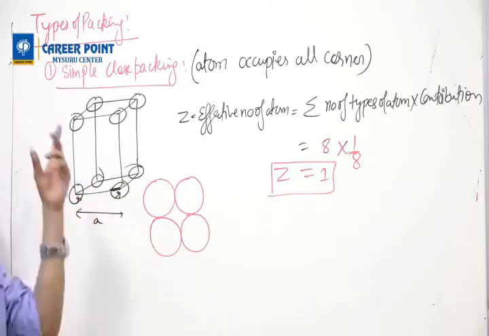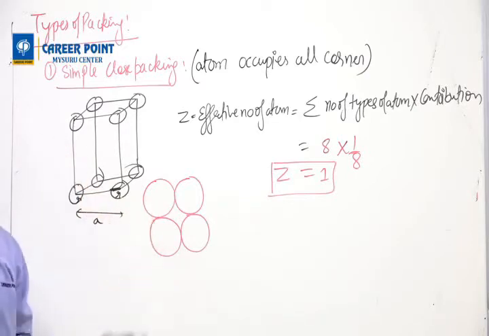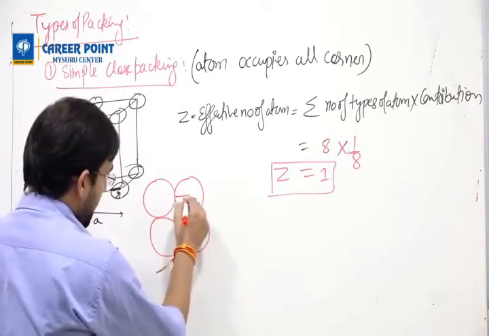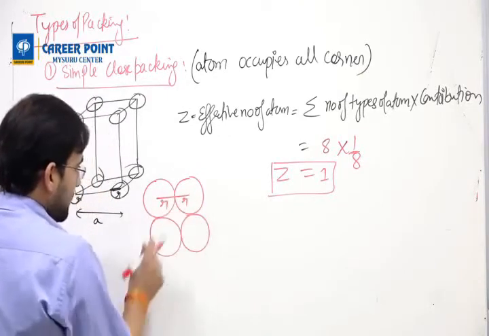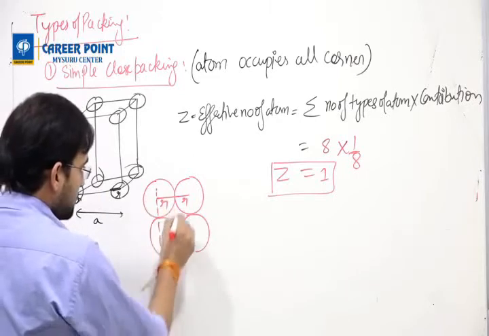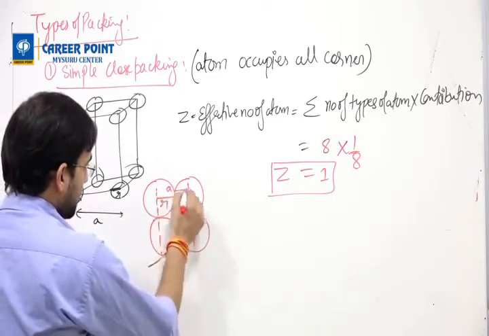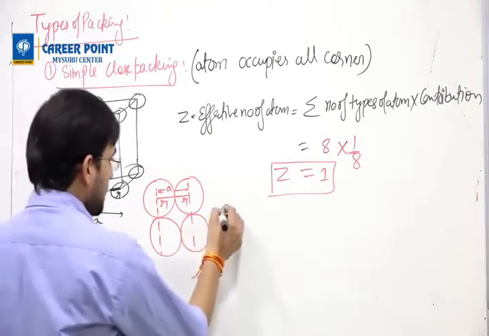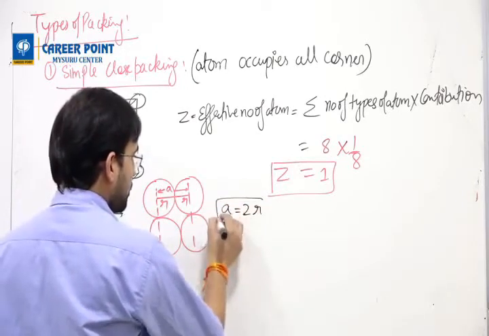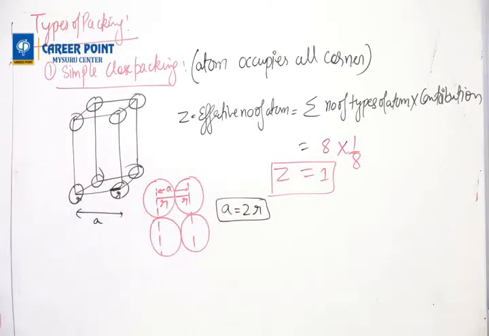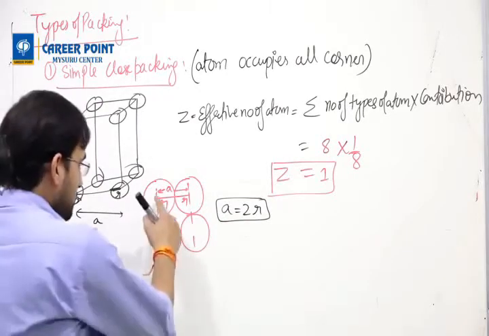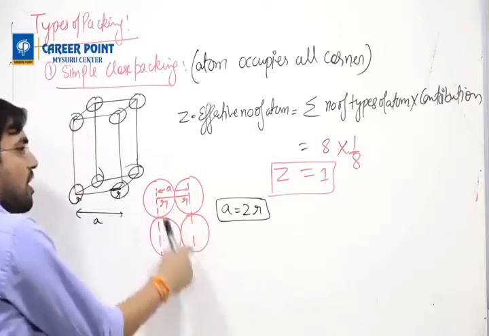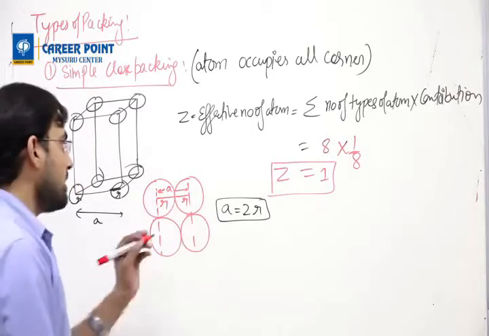Now this was R. This is R, and this total is A. So what is the relation? The relation is A equals 2R. These atoms are touching each other, but these two atoms are not touching. A equals 2R.